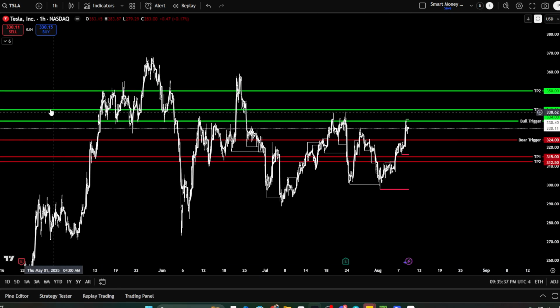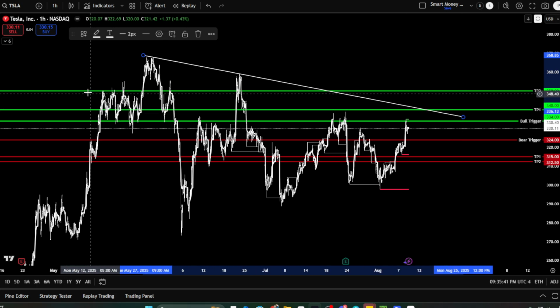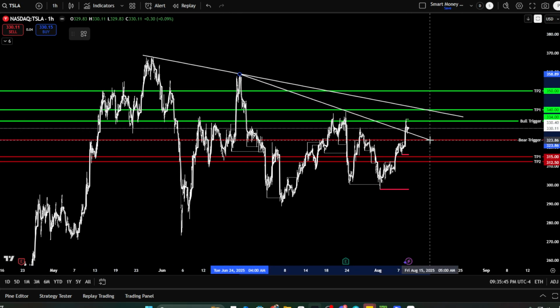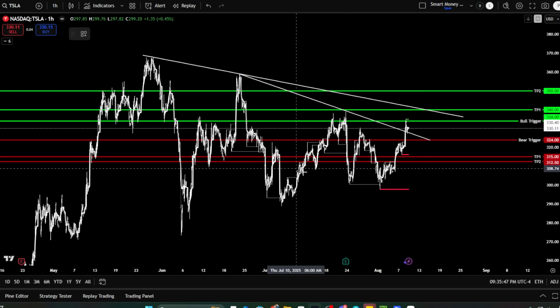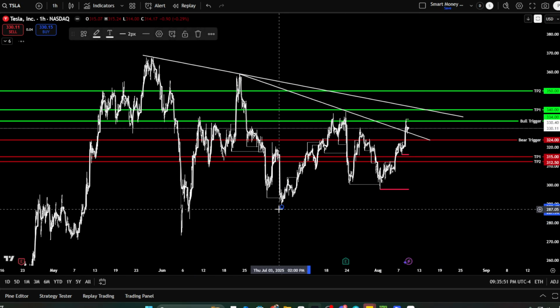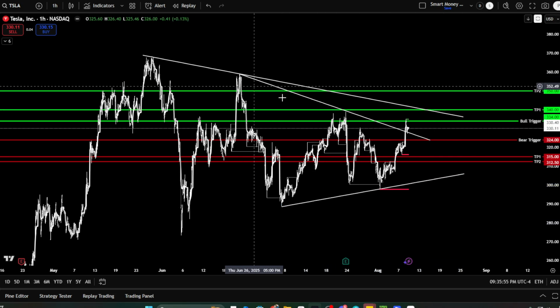Okay. We take a look at the 1-hour chart, and you can see a little bit more about what's going on. We had that triangle that was continuing to play out, connecting these two highs.